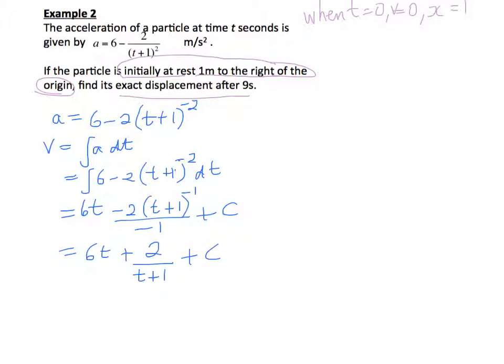Okay, we're going to use our important bit of information up here given in the question to find our constant of integration. When t equals 0, velocity equals 0. Let's sub that in to find the constant of integration here. When I'm finding the constant, I usually write what information I'm using. So when t equals 0, velocity equals 0.